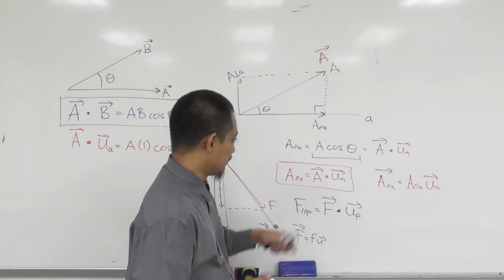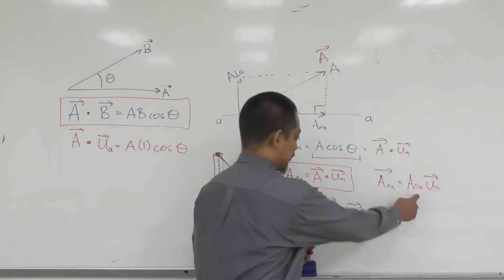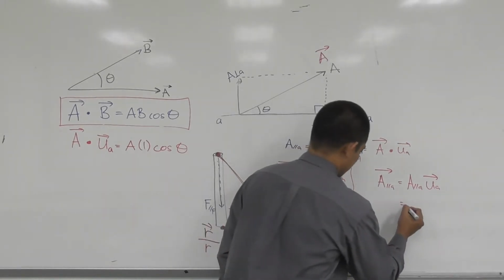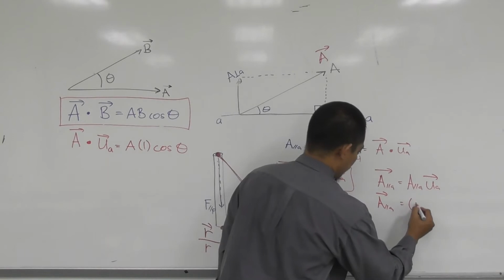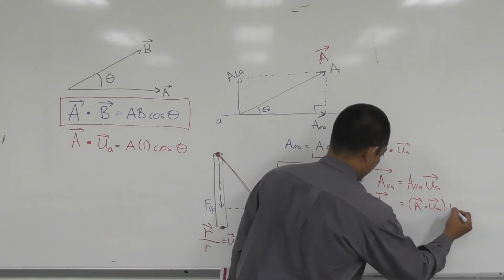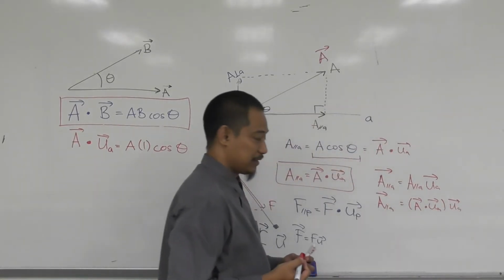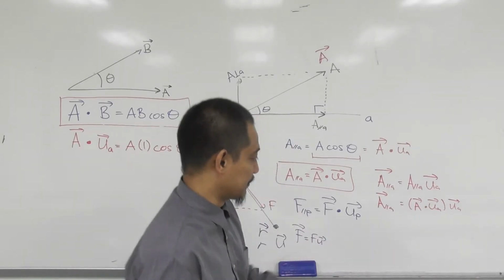For example, A parallel here, the magnitude is this one, right? It's actually A dot UA and then UA. Sometimes they combine multiple processes.